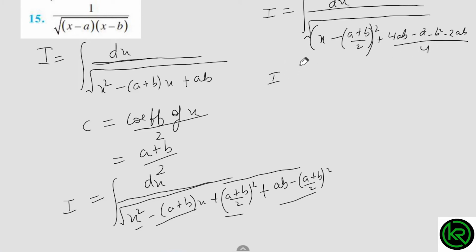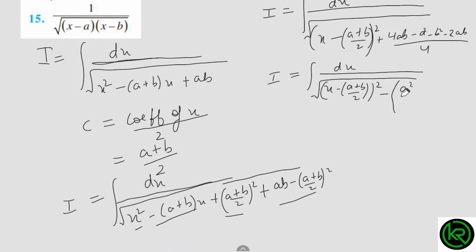Now we are getting, students, x minus (a plus b)/2 whole square, and here you can see, students, 4ab minus 2ab will be 2ab, and minus I am taking outside, so it will become a square plus b square, and it will become minus 2ab, and here I can write 2 whole square.